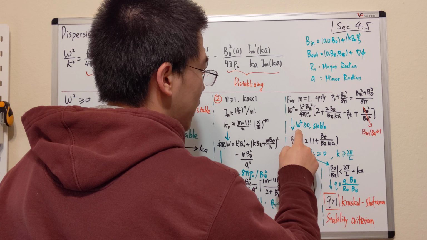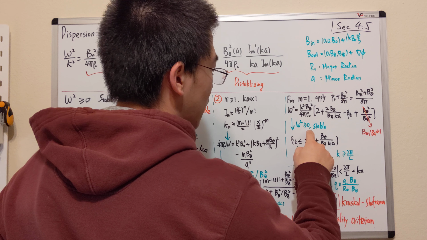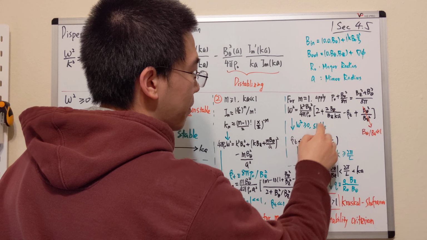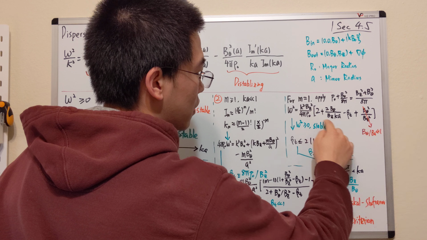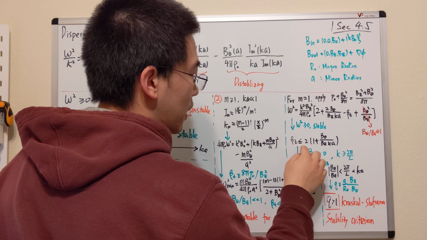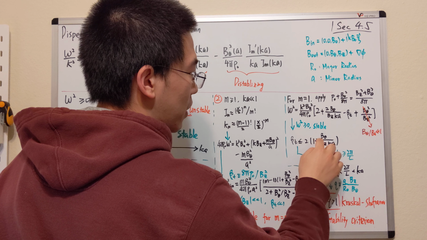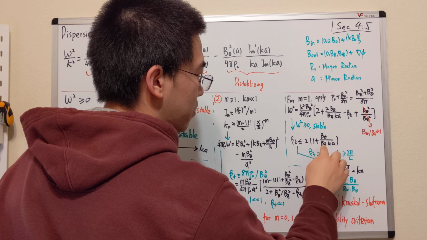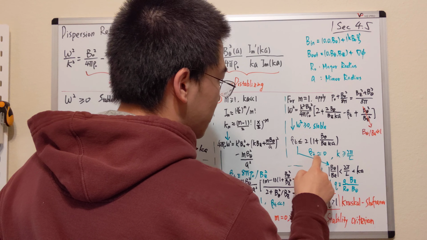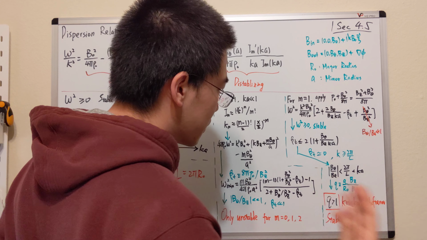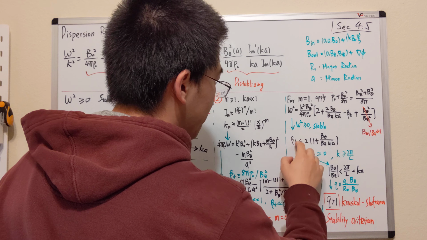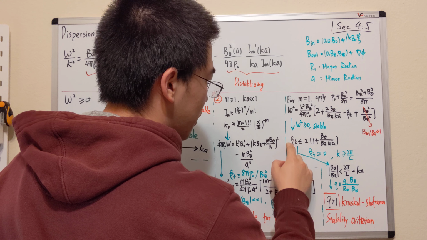Then if we want it to be greater than or equal to 0 to be stable, we have basically this thing greater than or equal to 0. So we have beta t less than or equal to 2 times 1 plus B theta over Bz ka. If we assume that beta t is almost 0, then we can substitute beta t with 0 here.